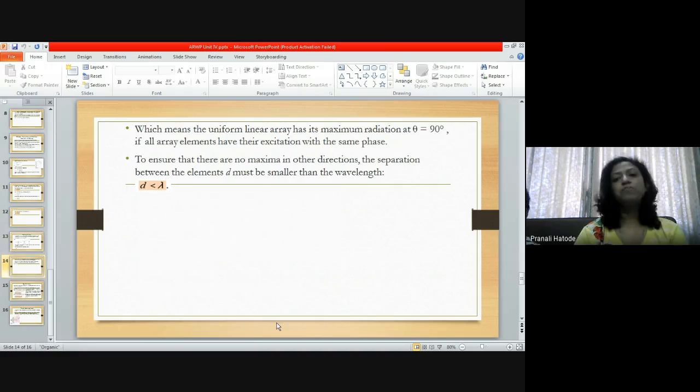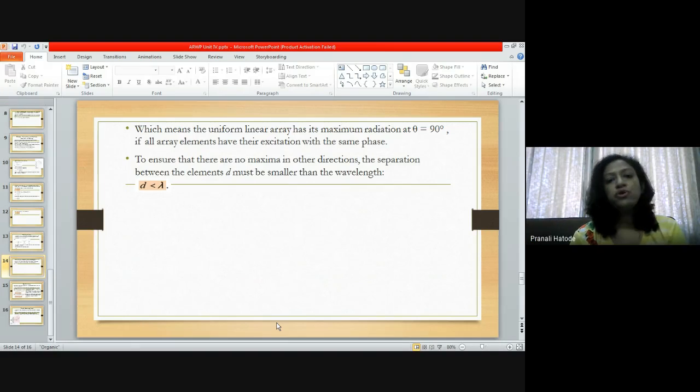And if beta is equal to 0, that means there is no phase difference between the excitation of the individual elements. That means, in this case of the linear uniform array, especially for end fire, the elements have to be identical, the excitation has to be identical, and the phase between the elements also has to be the same. Okay, this is something to be noted.